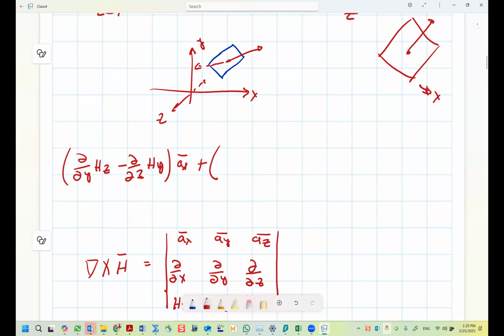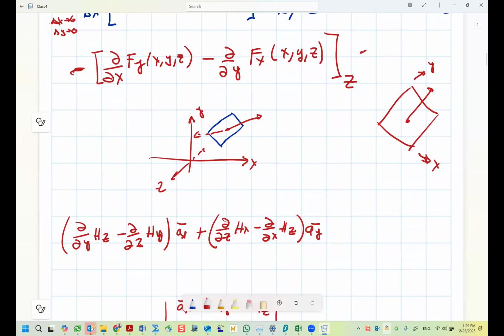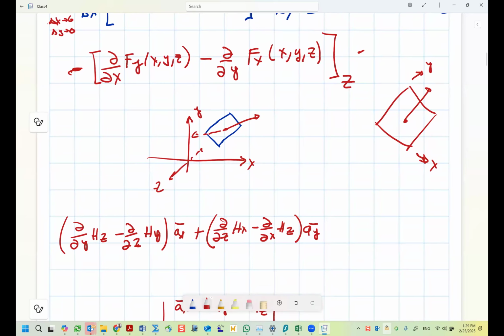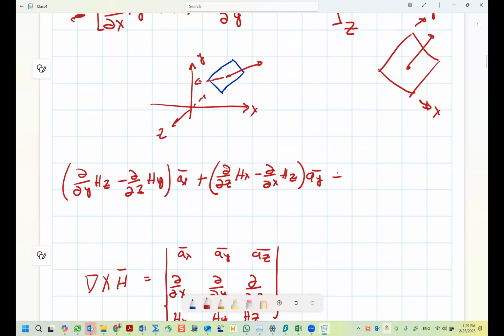The one in the middle is d/dz of hx minus d/dx of hz, and this is in the direction y. This is the one we computed here. Oh, no, it's the last one we computed here, in the direction z: d/dx of hy, minus, and plus d/dy of hx, in the direction z.